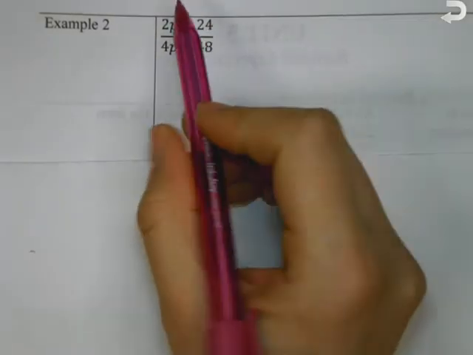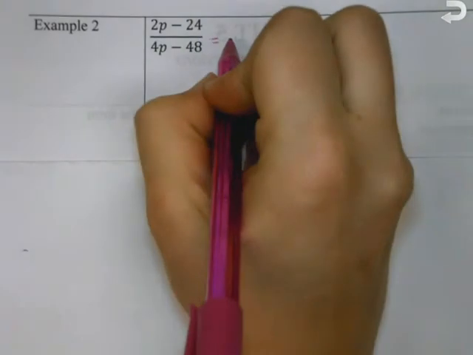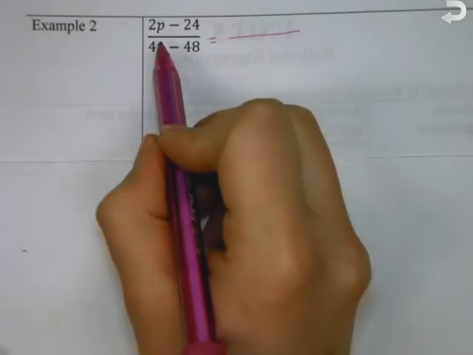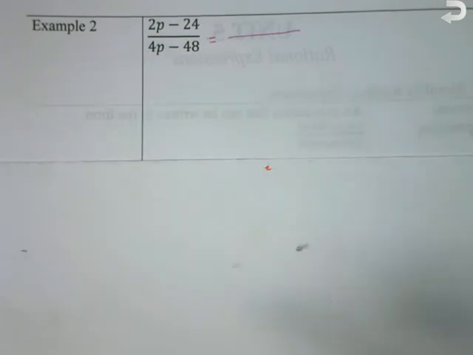Example 2, we have 2p minus 24 over 4p minus 48. Step 1 was to factor the numerator and the denominator. What method will I use to factor the numerator? Yeah, GCF. What is the GCF? 2, good.